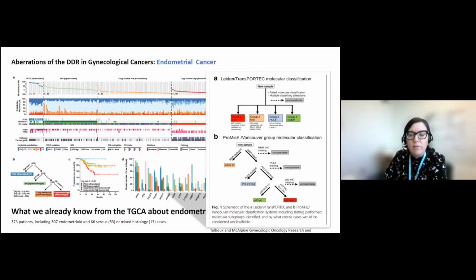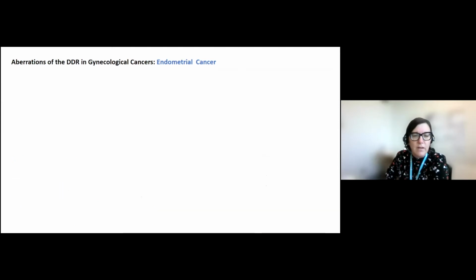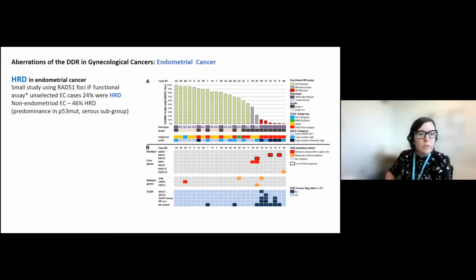But we know that there is more than this in terms of abnormalities in endometrial cancer. And if we look at the DNA damage response and homologous recombination deficiency, this is a small study published by a group led by David Church in Oxford, which used a functional RAD51 immunofluorescence foci assay looking at unselected endometrial cancer cases, and 24% of them by this assay were HRD.